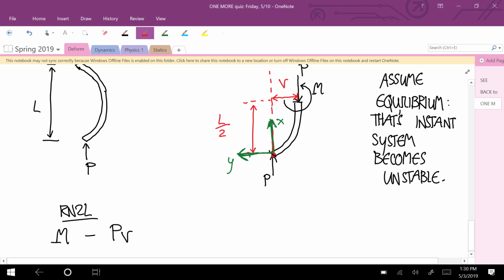This would actually be a negative V. It would make more sense if I just drew it the other direction. Because that's a negative, you get the double negative there and it's positive.